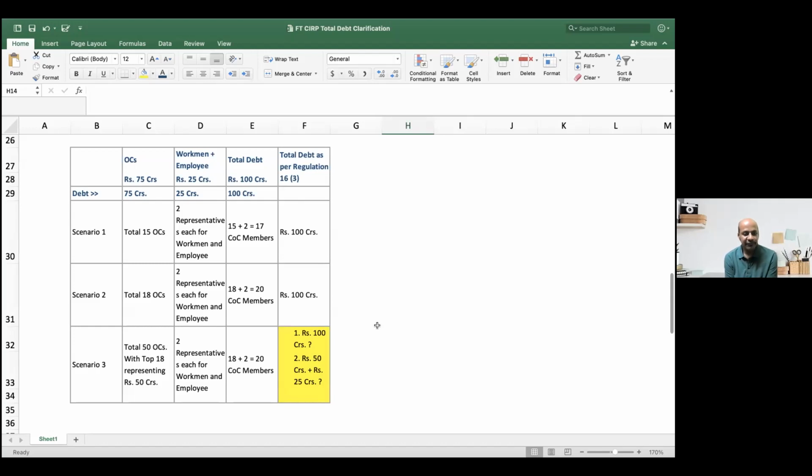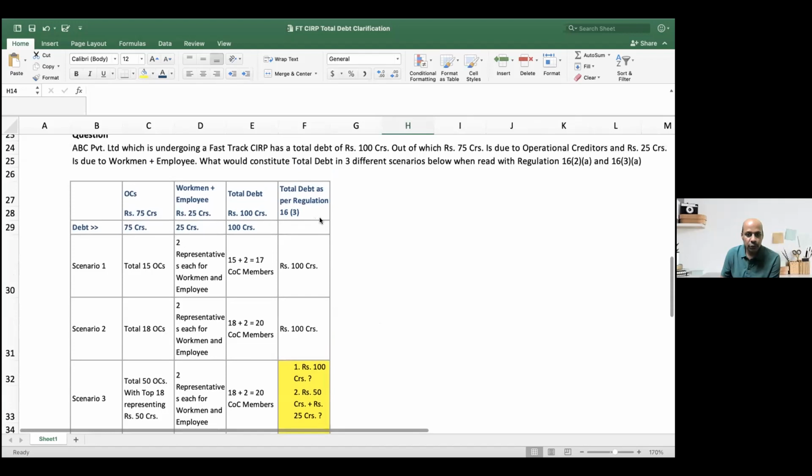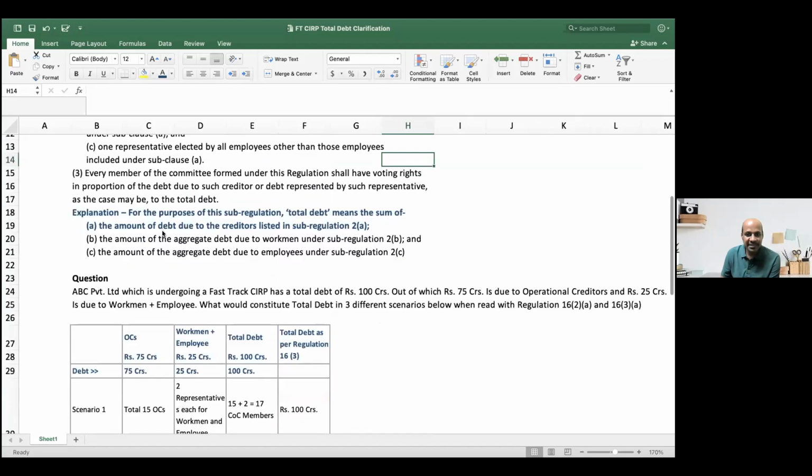Now what happens is when you calculate the total debt as per regulation 16.3a, I'll just go back to the regulation. If you see here, it says, for the purpose of this sub-regulation, the total debt means the sum of amount of the debt due to the creditors listed in sub-regulation 2A.